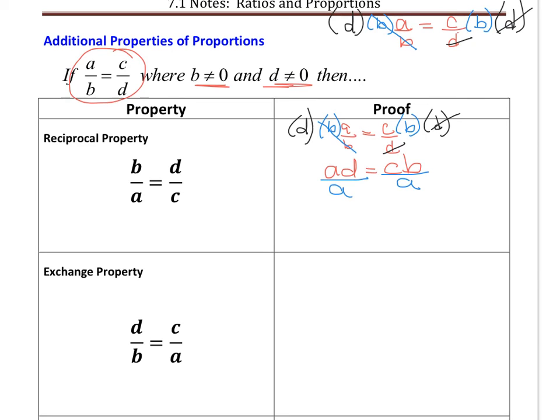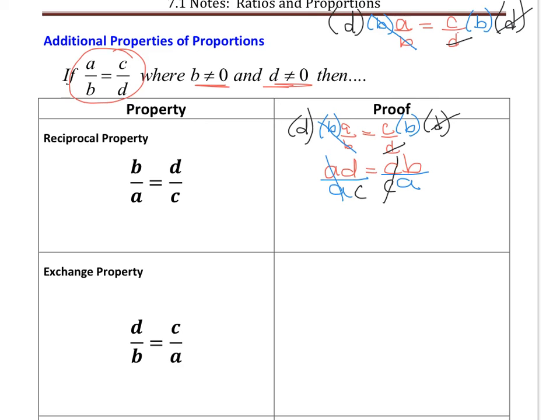And you can see that A divided by itself reduces out. So I have D equals the product of CB divided by A. Well, what I'm trying to prove is D divided by C, so I'm going to go ahead and divide the left by C, and whatever I do on one side of the equal sign, I have to do exactly the same thing on the other.